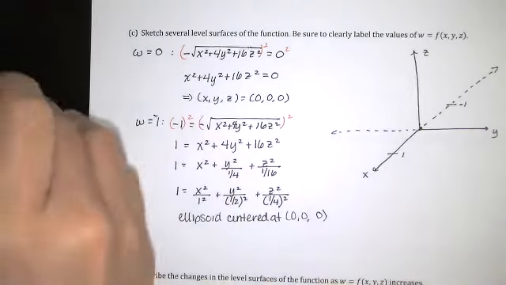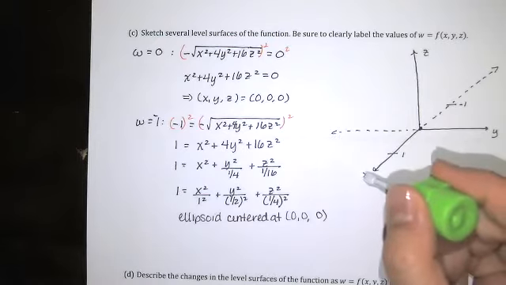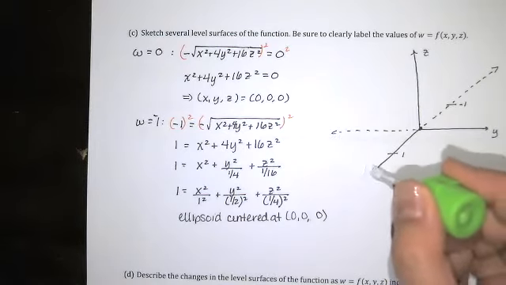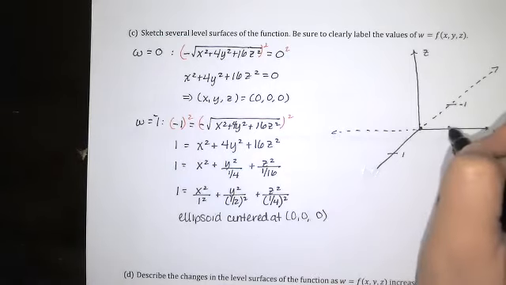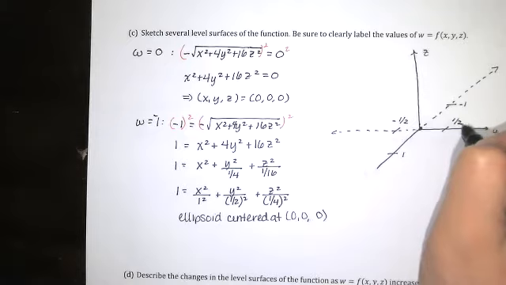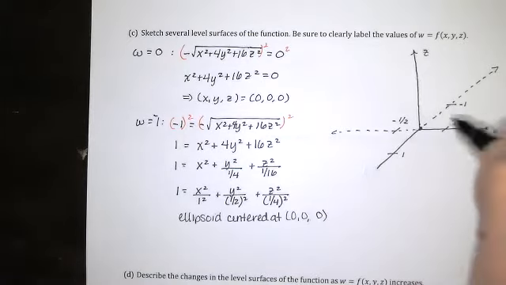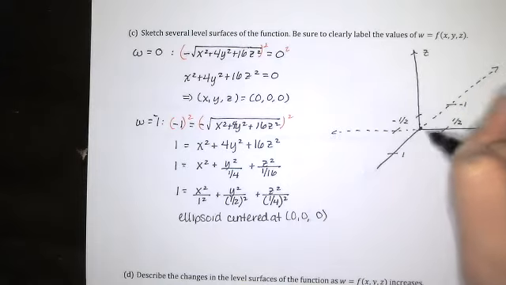Actually, I think I want to extend that out further because we're going to do one more level surface, aren't we? I'll let that dry for a second. But I want to go half as far in the y direction. And then just 1/4 of that distance in the z direction.